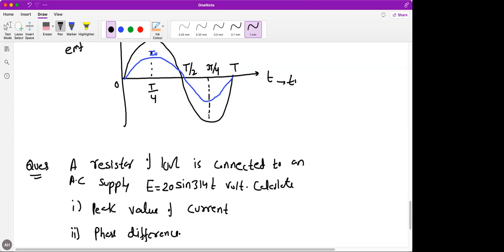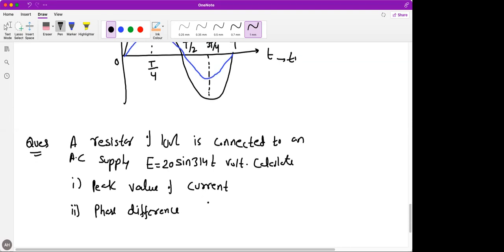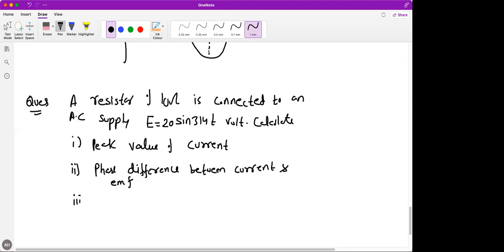Sir, current or EMF? Peak value of current. Third, I need the equation of current.